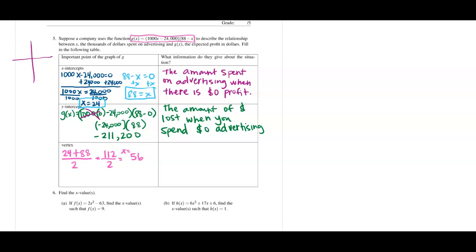So if we put that in, this is such a long thing here, and my marker is a little bit harder to write with here. But a lot of this, you can just put into your calculator too. But make sure, whoops, I want 56 in place of that x.